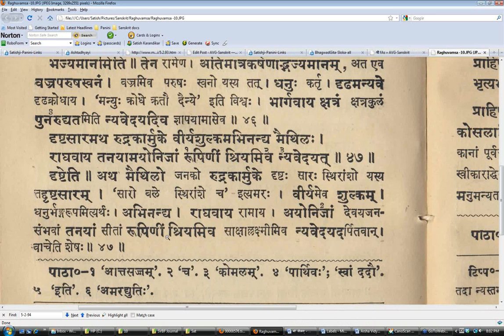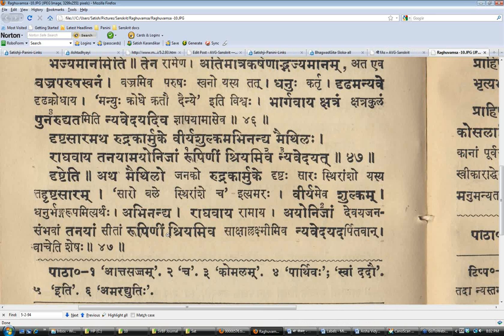But this is a good point, then we can justify it. So she was as beautiful as Lakshmi. Lakshmi Eva is all there. It's a very simple translation, Shiyamiva Rupini.